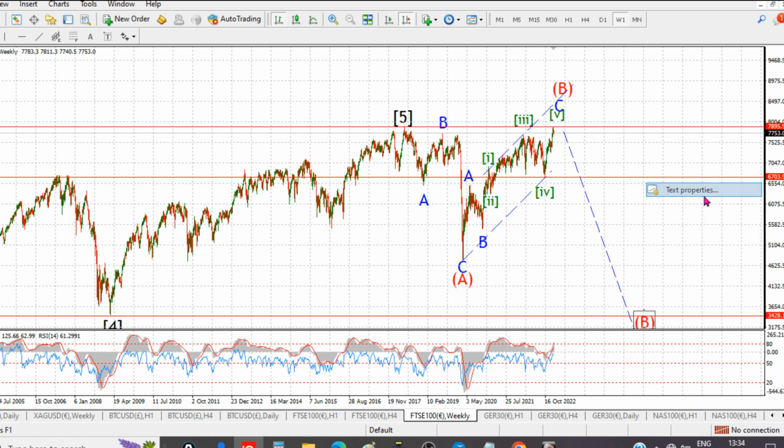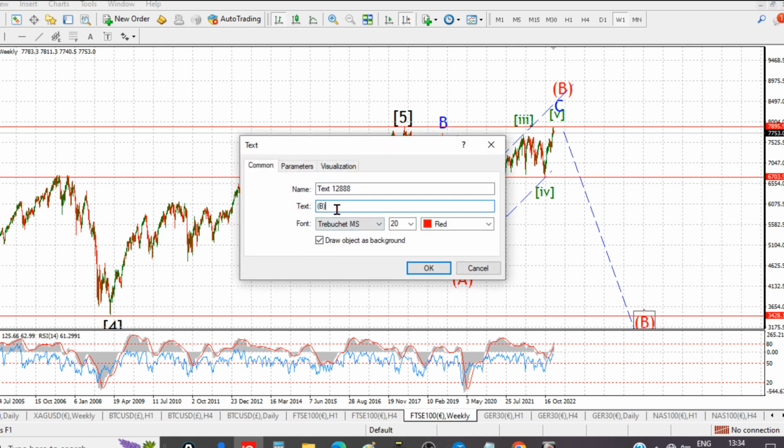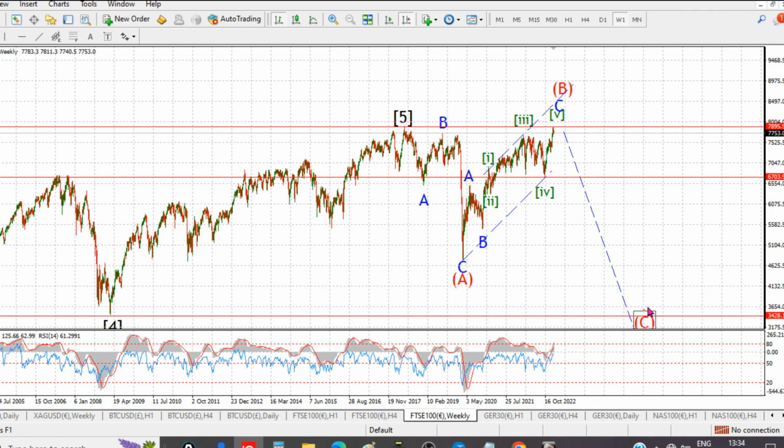Let's get a label on this. That'll be wave C of wave 4, 5. Or wave C of 2, I think, or would it be wave C of? We'll see. I've actually forgotten the higher degree count on that one.